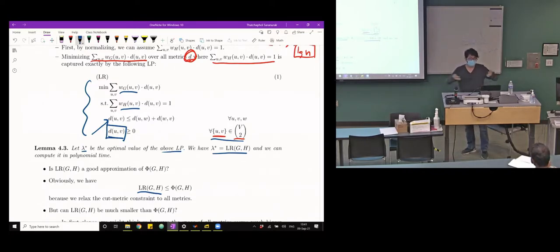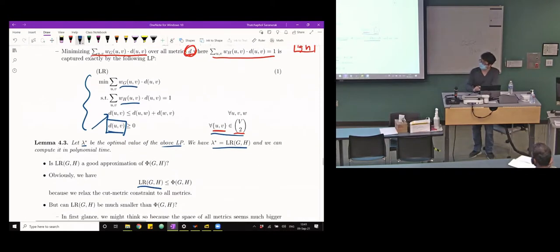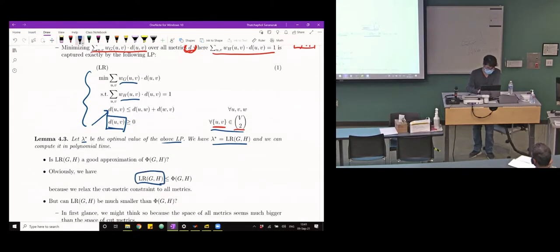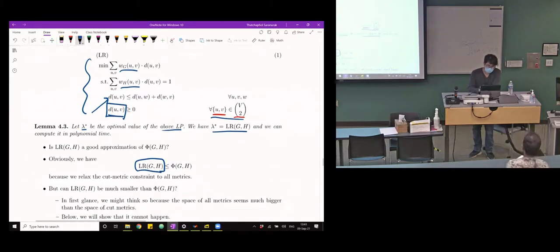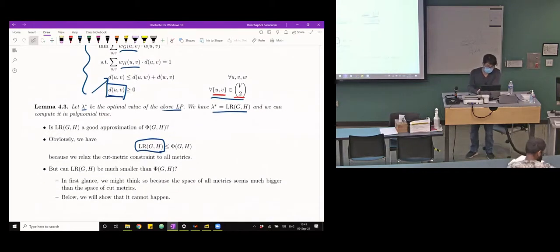We minimize over a bigger set, right? Instead of cut metric, we minimize over all metric. Okay, so that is just one side. But now we want to argue that this thing is not much smaller than the H expansion. That's the only thing we need to do.